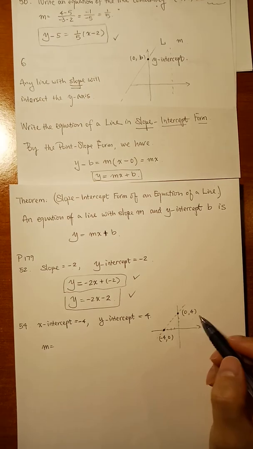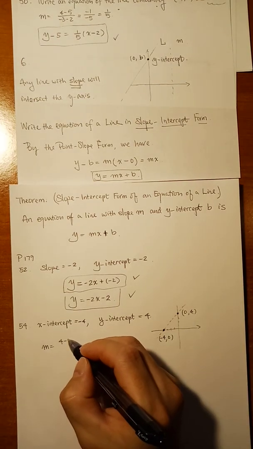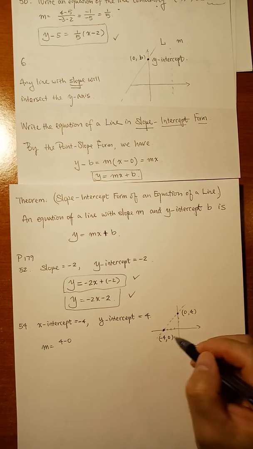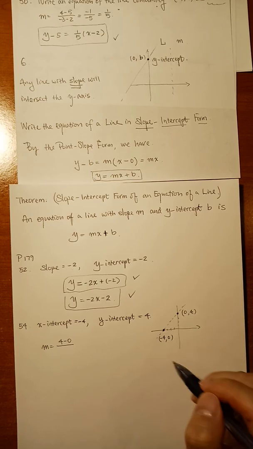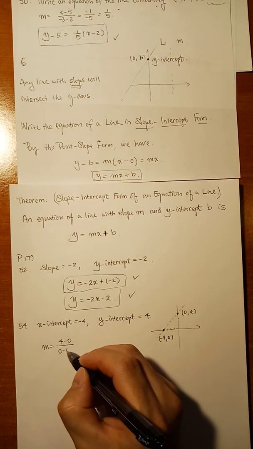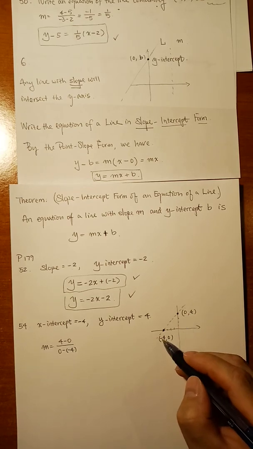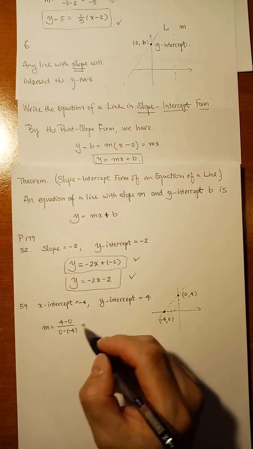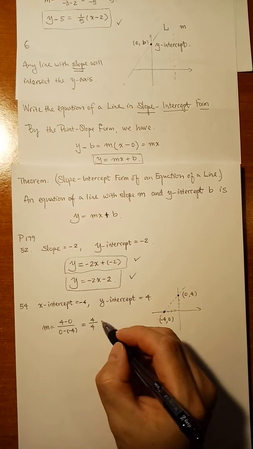We can compute the slope. Slope is y coordinate minus y coordinate, 4 minus 0, over x coordinate minus x coordinate, 0 minus -4. Be careful, it's subtraction, 0 minus -4. So it's 4 over 0 plus 4, which is 4.